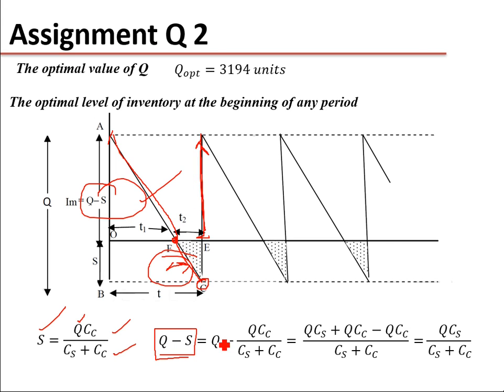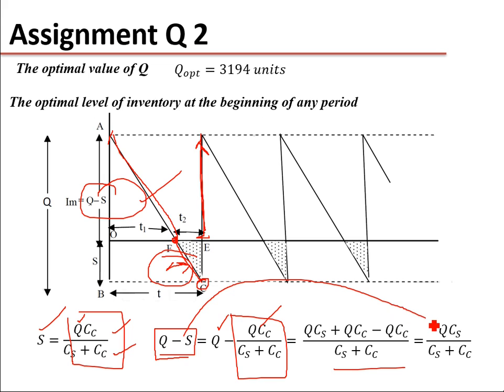Q we know, S we already calculated, and we put in the value of S. Then we solve Q minus this value, and we get Q minus S as Q C S upon C S plus C C. So the only change is that the carrying cost is replaced with the shortage cost. So this becomes Q minus S.